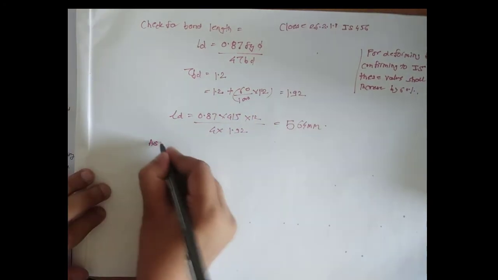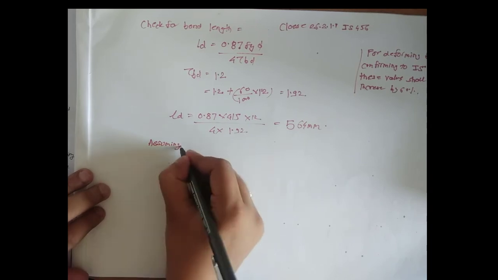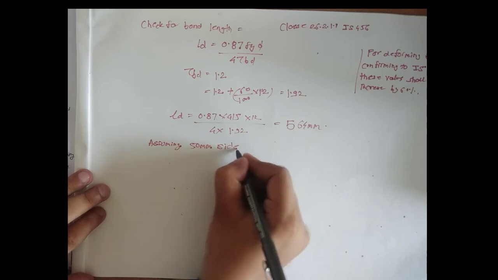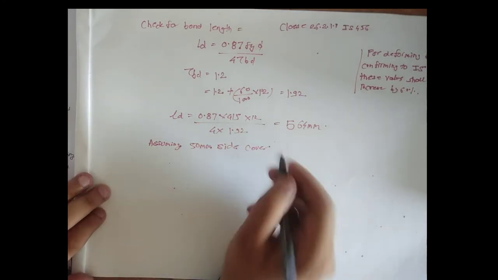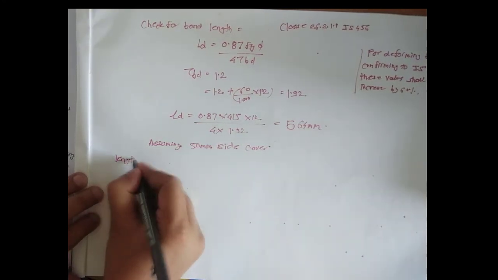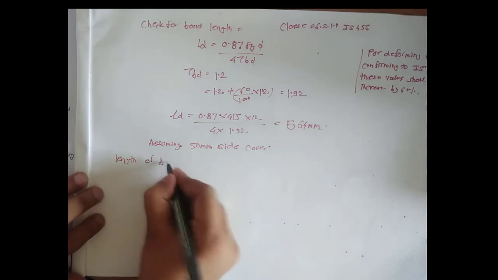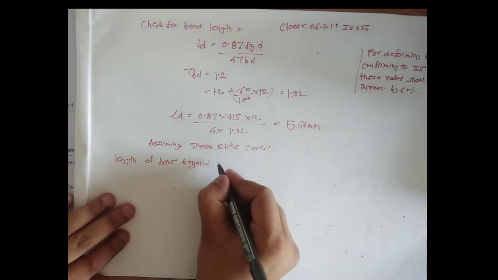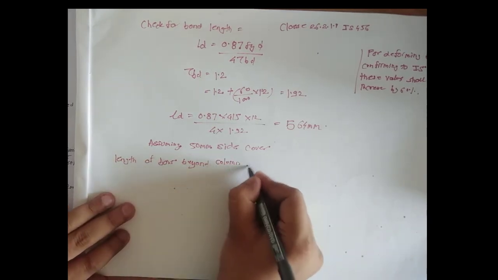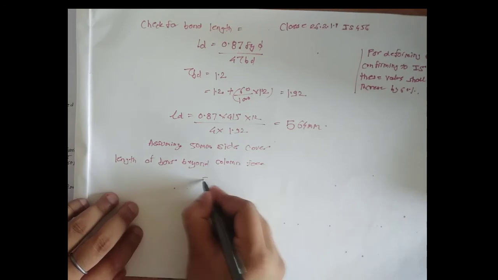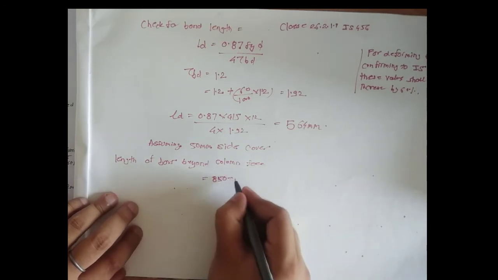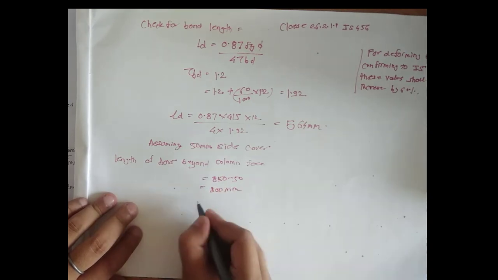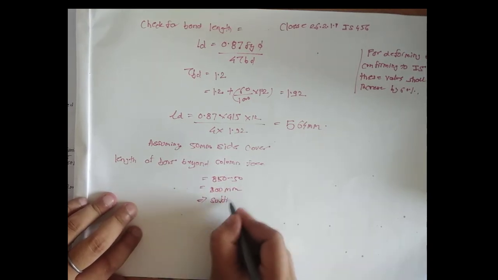So assuming 50 mm side cover, the length of bars beyond the column face will be 850 minus 50, so it is coming out to be 800 mm. So sufficient bond length is available.